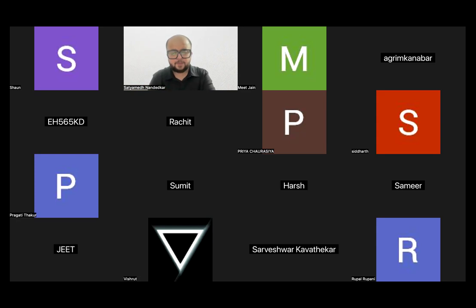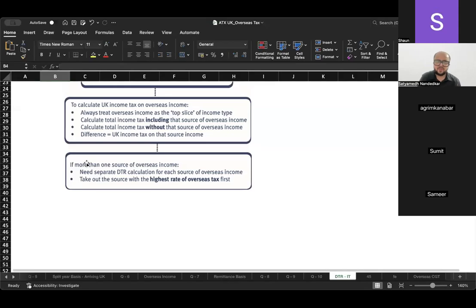Okay. Now we understood how the remittance basis works and how double taxation relief works. Just remember one thing: if there is more than one source of overseas income, you need a separate DTR calculation for each source of overseas income, and take out the source with the highest rate of overseas tax first.